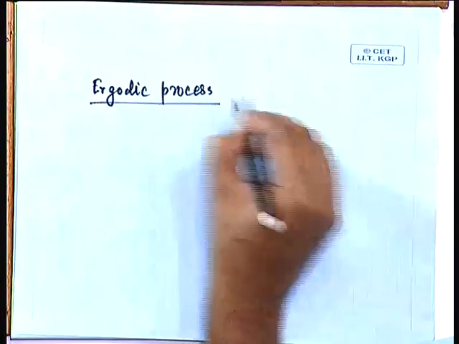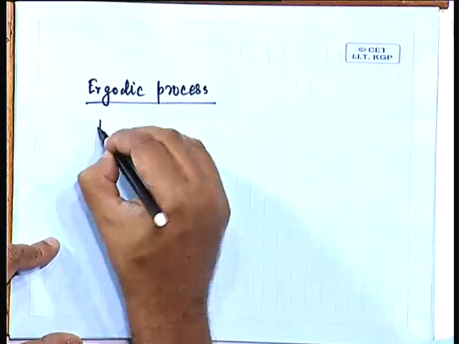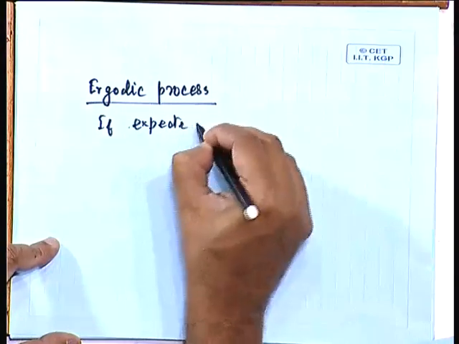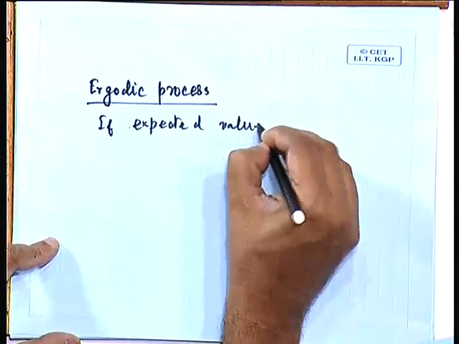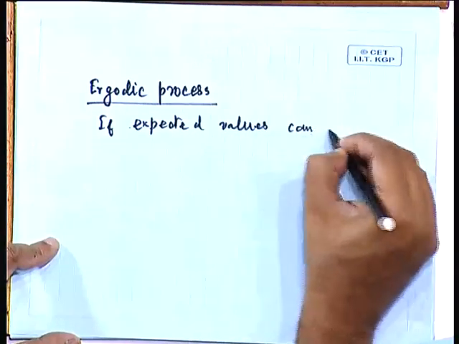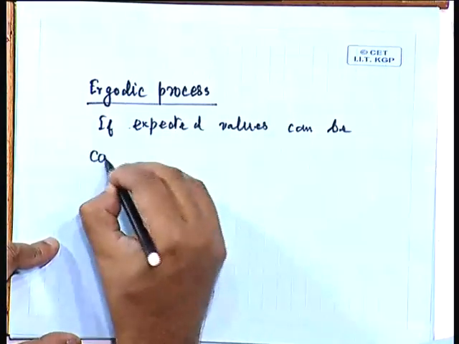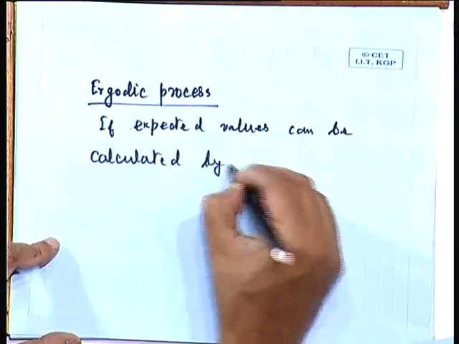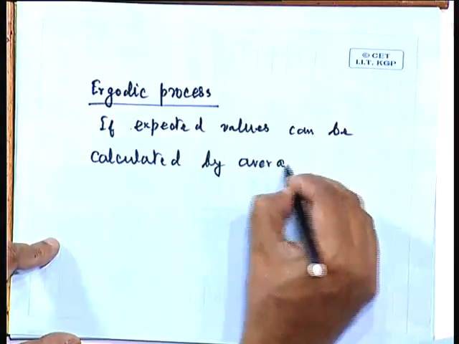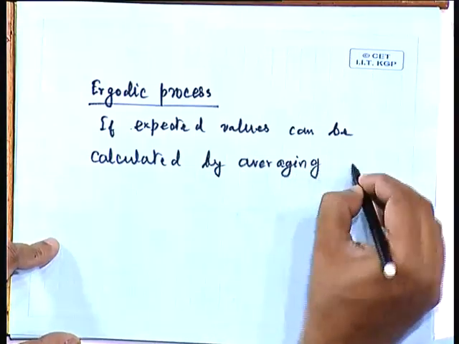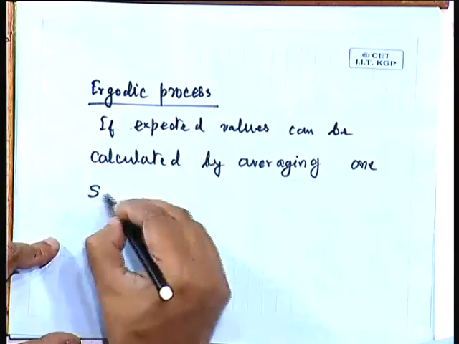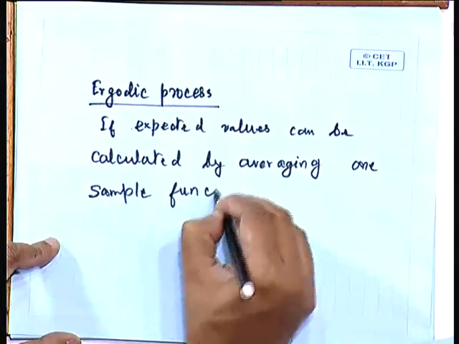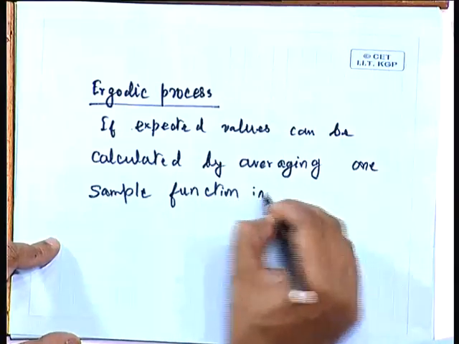So, the definition of an ergodic process says that expected values can be calculated by averaging one sample function in time domain.